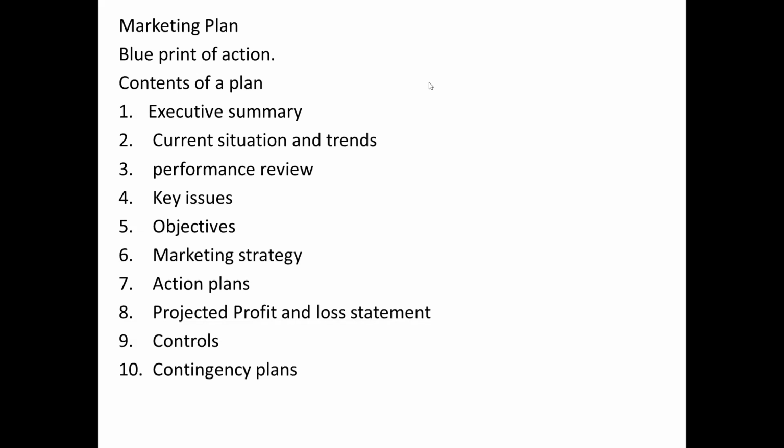If the product performance is not good and it is in a declining market, whether to change the face of the existing product, maybe with a change in the packaging or through promotion.